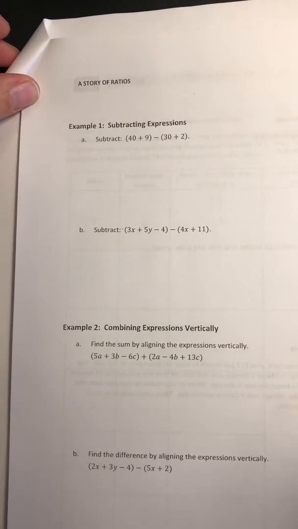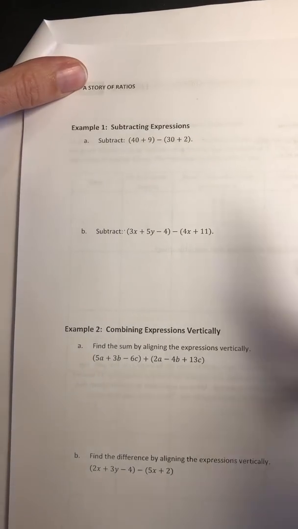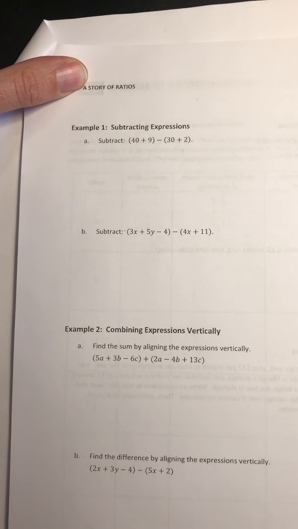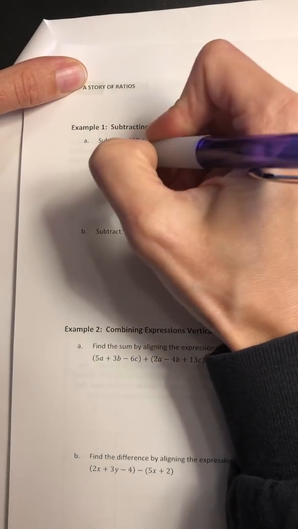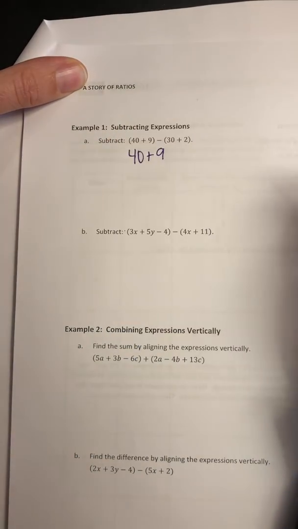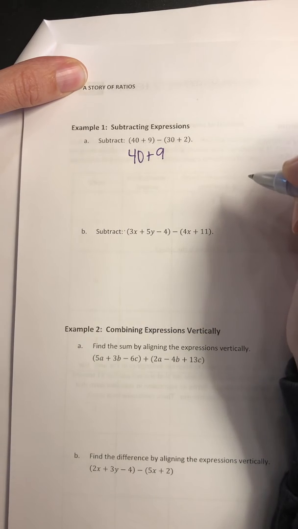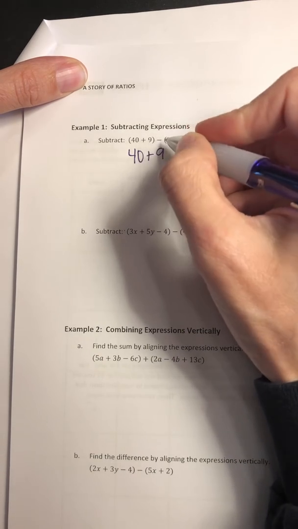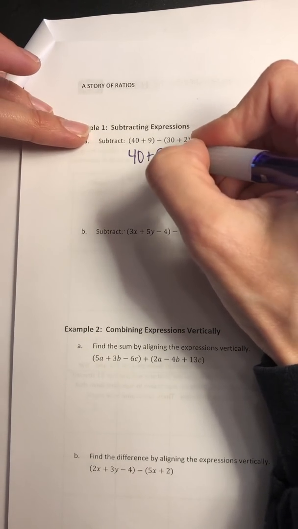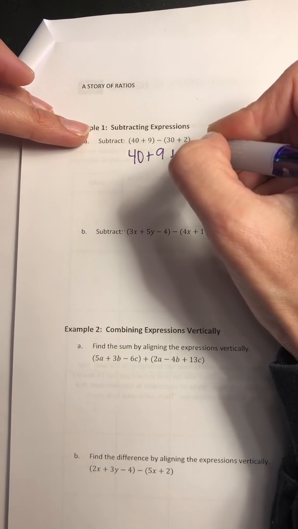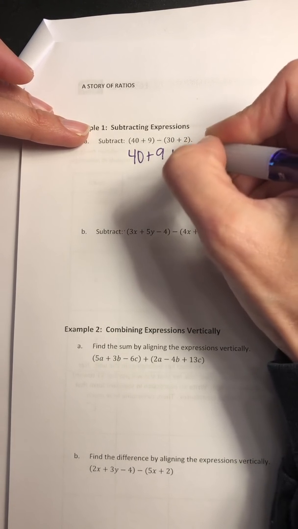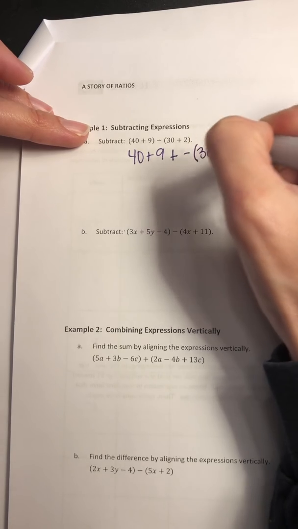So what does that mean for subtraction? Subtracting expressions. Well, you learned that when you subtract, that's really the same thing as adding the opposite. So if I have 40 plus 9 minus 30 plus 2, that's the same thing as not writing minus, but write plus the opposite of 30 plus 2.